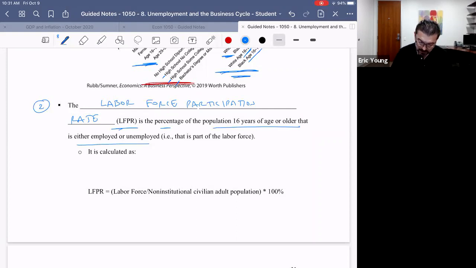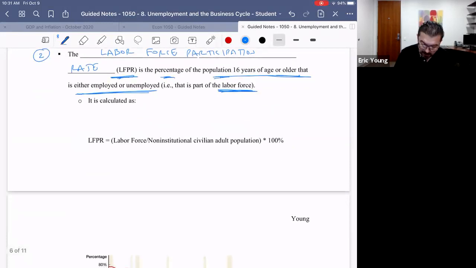In other words, this takes the labor force and divides it by the adult population. Again, it's a percentage, so it's a rate. It's the percentage of the population that is 16 or older, employed or unemployed.